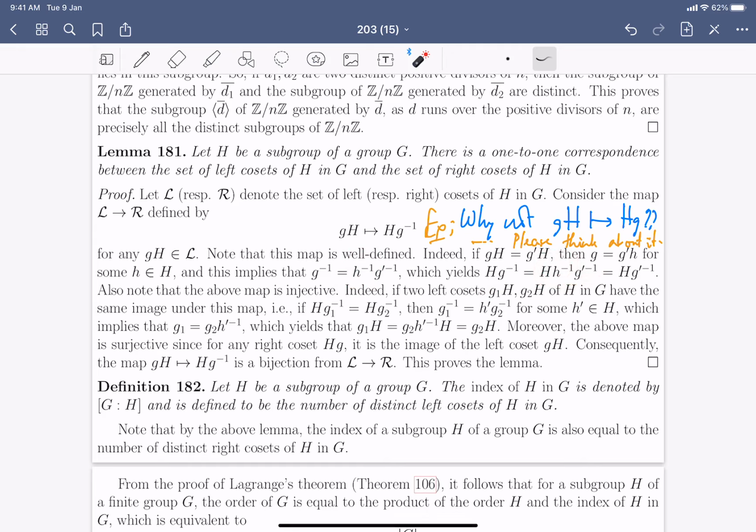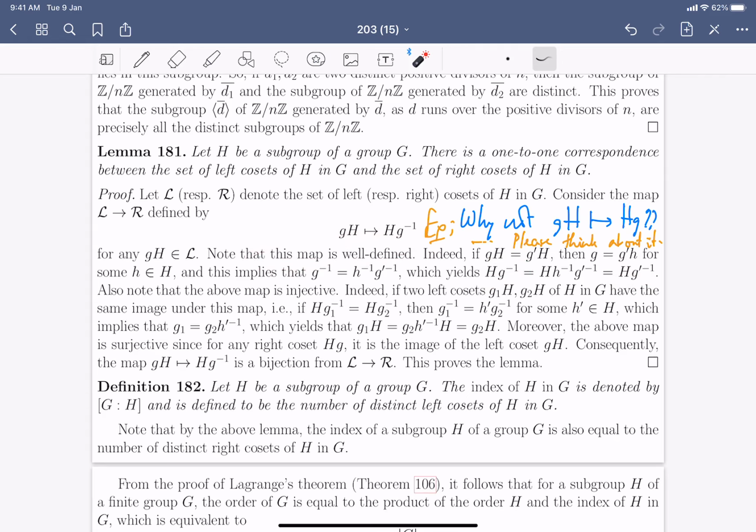If you multiply H by h inverse, you end up getting H. This follows from the properties of a subgroup, and this is easy to see. So H g inverse is equal to H g prime inverse. So you have established that this map is well defined.